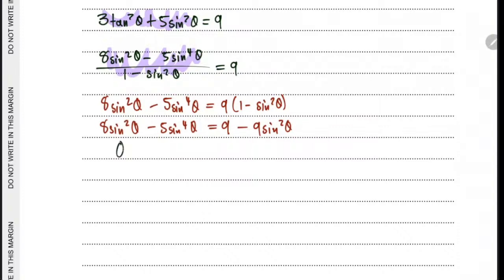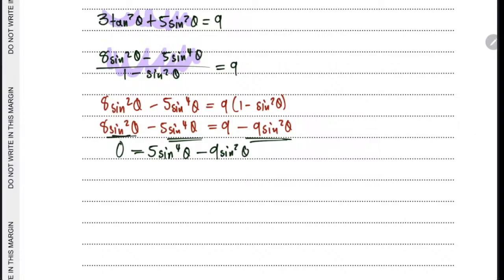You see it? So 0 will now be equal to 5 sine to the 4th theta. Then you have this, you can start with this 9. It's minus 9 sine squared theta. This 8 is coming to also subtract, so minus 8 sine squared theta. Then plus 9, because this was a positive 9 already. Can you see that?